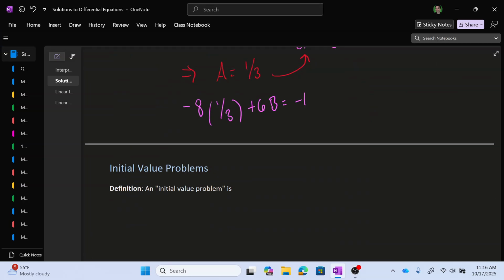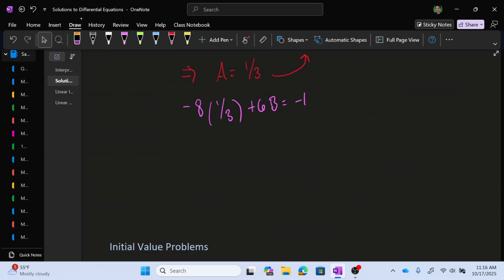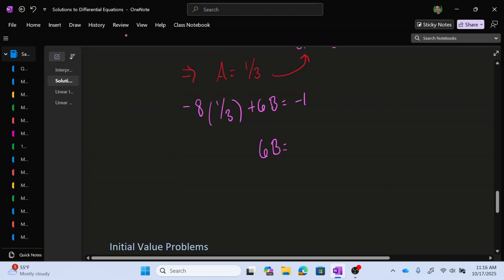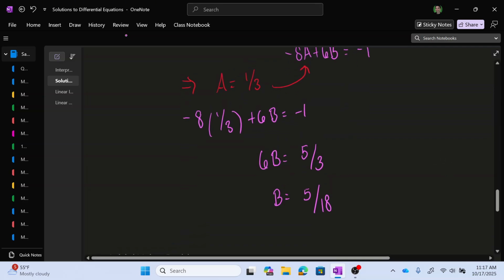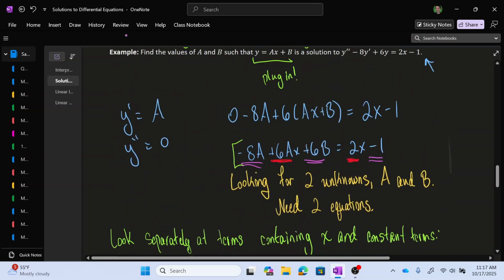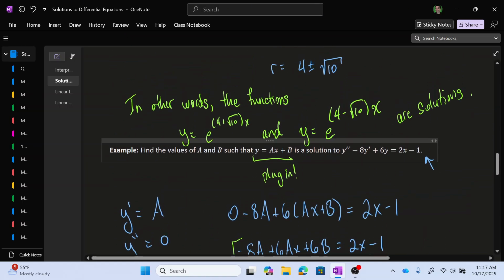So if my algebra is on point today, if I take this negative 8 times 1/3 and add it to the right-hand side, I get that 6b must be equal to, I think, 5/3. And then dividing by 6, b must be equal to 5/18. So these are the values of a and b that would cause this template solution to be an actual solution to this differential equation.